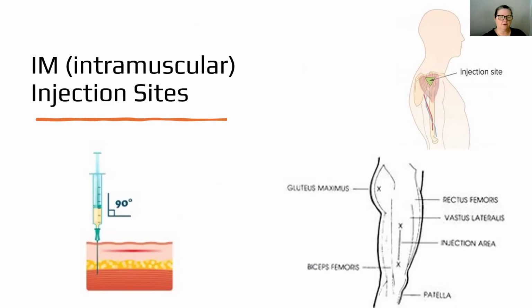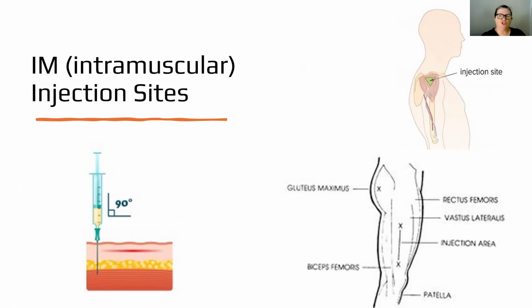I'll tell you why here in a minute. My entire career I did dorsogluteal because I'm just not super comfortable with doing ventral. I can do them. I'm just not as big of a fan of them, I guess. But the main reason why they went from dorso to ventral is because there were instances of people hitting the sciatic nerve doing dorso.